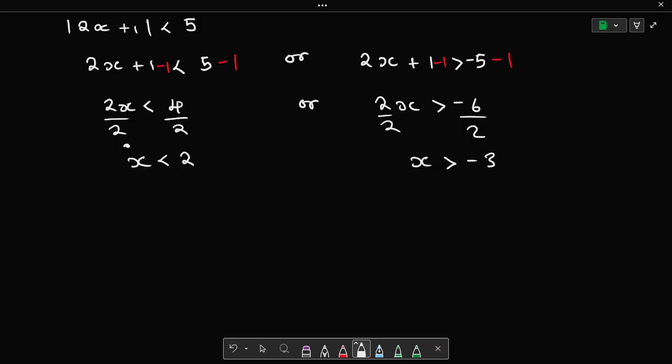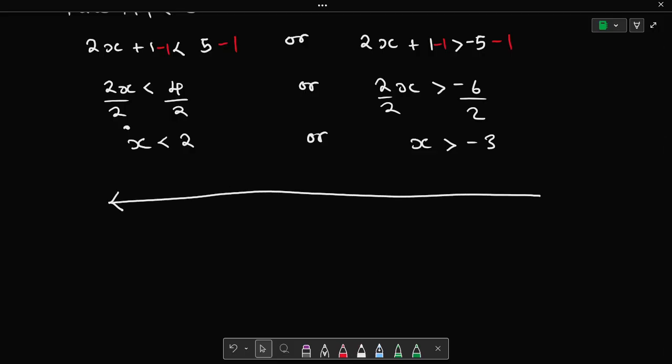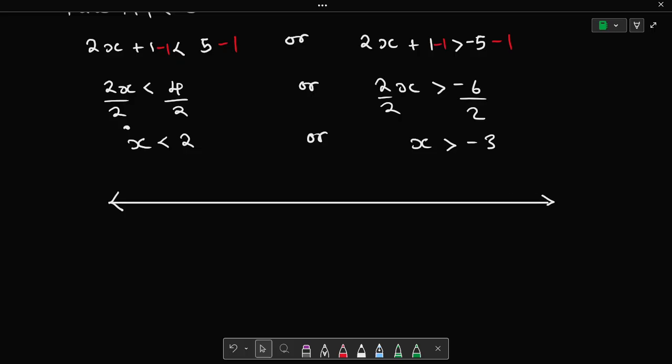Okay, so we can write the solution like this, but we can also write it in interval notation as a solution set. So if we're asked to write it in interval notation as a solution set, all we have to do is basically draw up a number line, and when we do this, we'll plot our points of interest, which is -3 and 2. Okay, once you do that, you also put the type of circle that you're going to have.